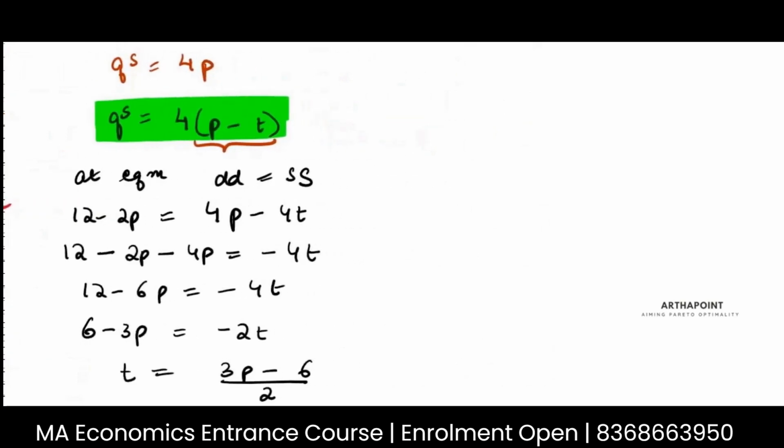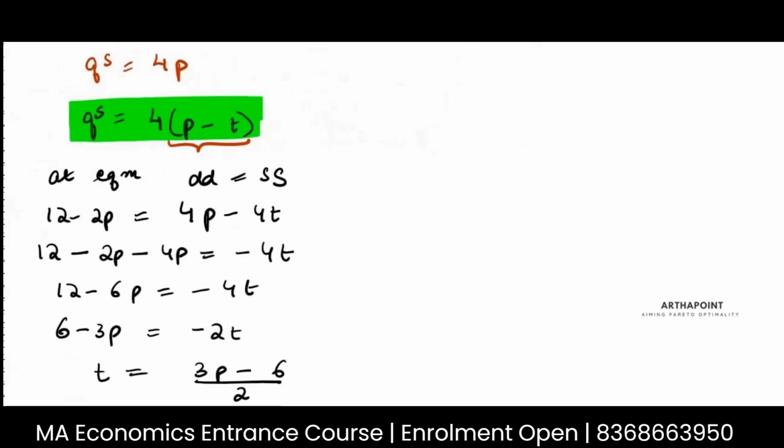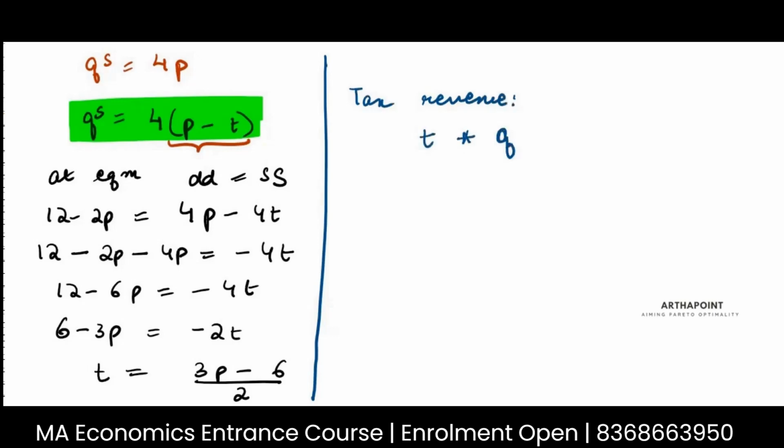And now, if I want to find out the tax revenue, it will be tax rate times quantity, right? So it will be (3P minus 6) by 2. This is the tax rate, times the quantity.